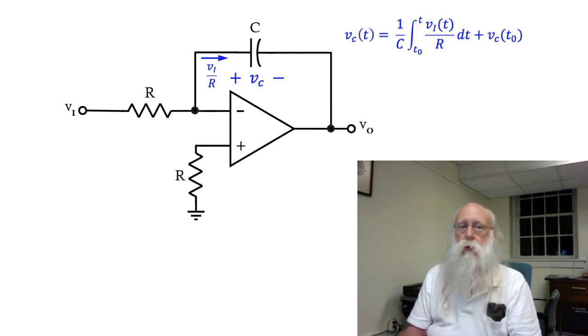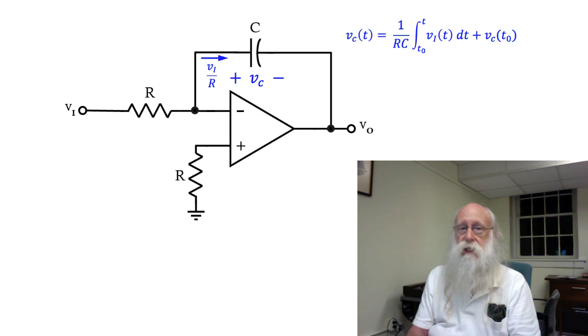But you can pull the 1 over R term out, and then you've got V sub C of t is equal to 1 over RC times the integral of V sub I dt, plus, of course, your constant of integration.